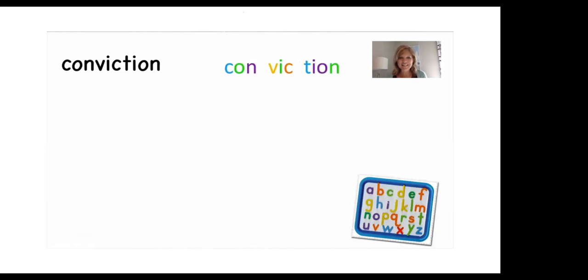Take off the ending. And take the first part or chunk of the word off. Just 3 parts. Check the screen. Does it look like that? All right, let's read these parts. Conviction. All right, now put those parts together and read the word conviction.